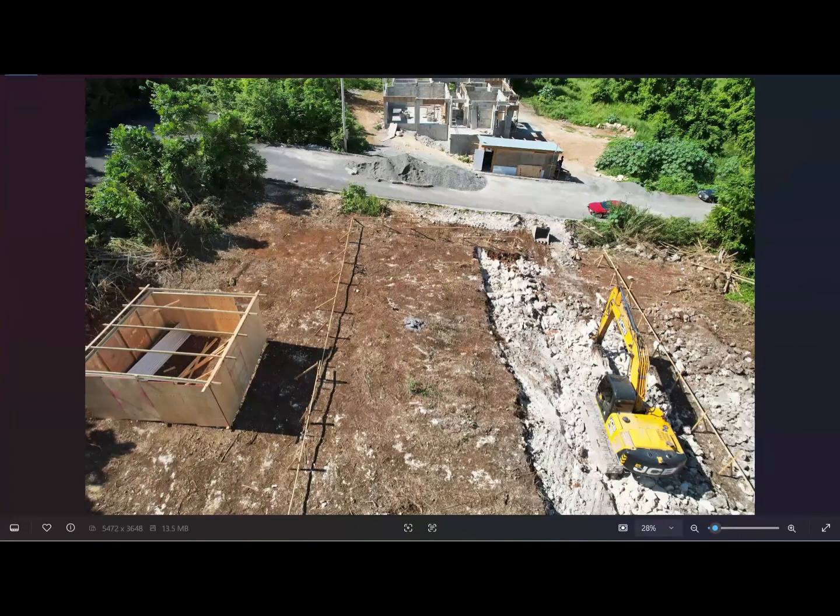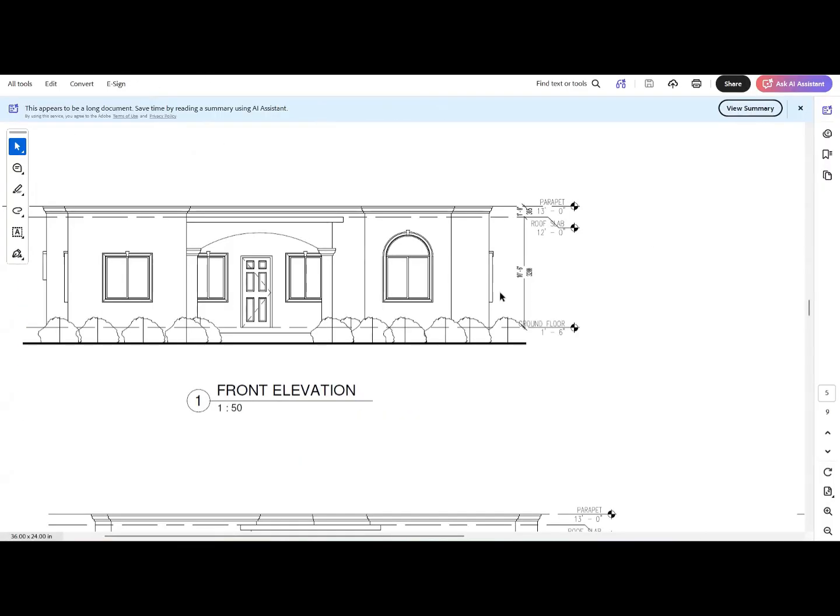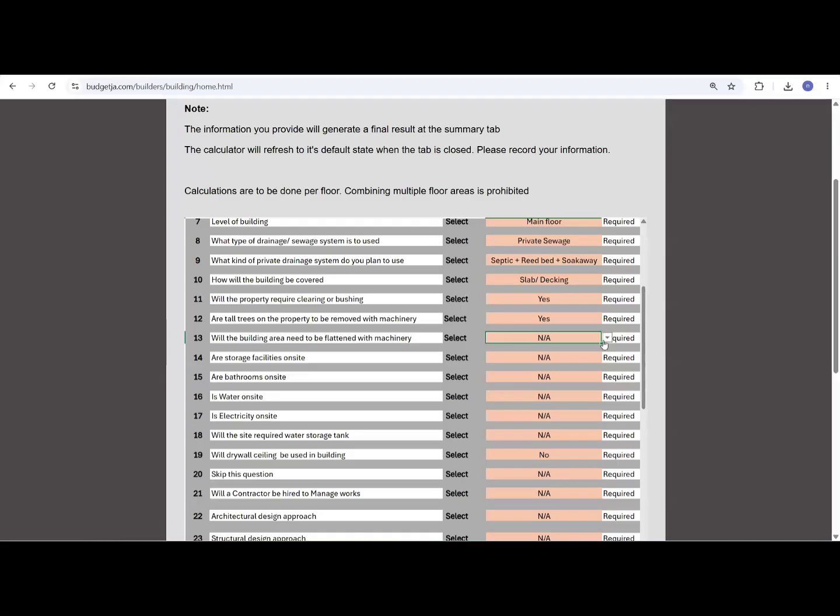So this equipment cost is one that has to be factored into the overall budget. If it is a scenario where the land is flat, like the first model that I used here, you would not need that, and the answer would be no. But if you have observed, or the drawing is implying, that you're going to have to do reduced leveling, the answer would be yes.